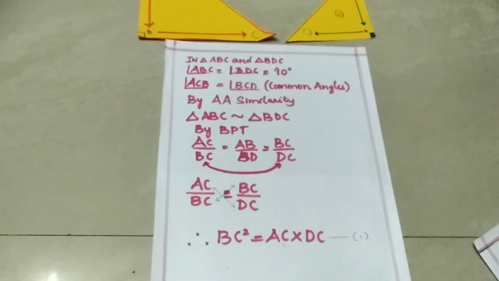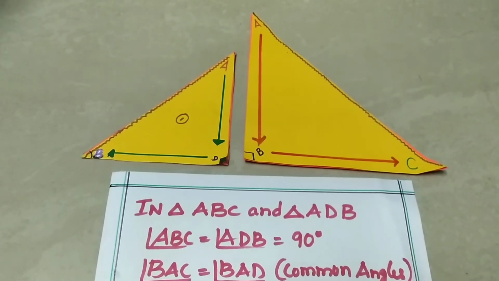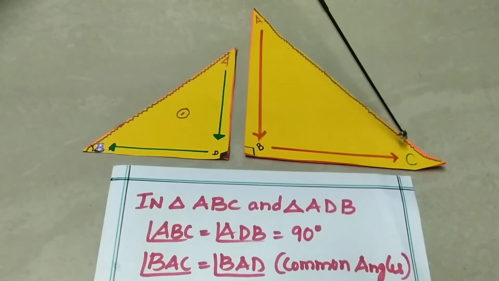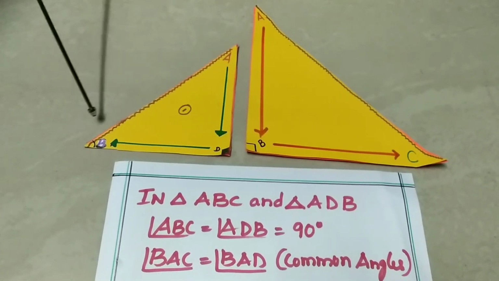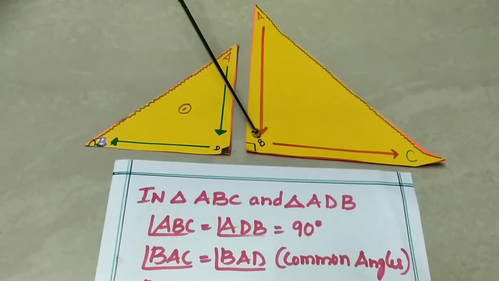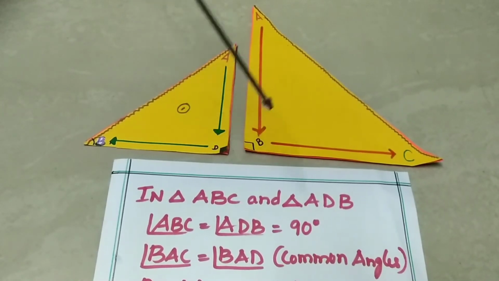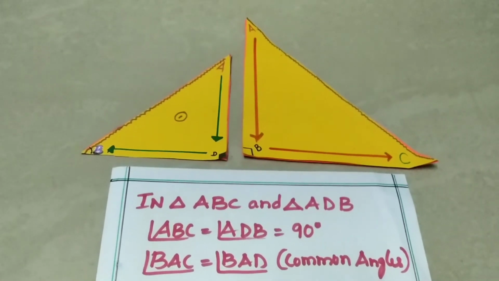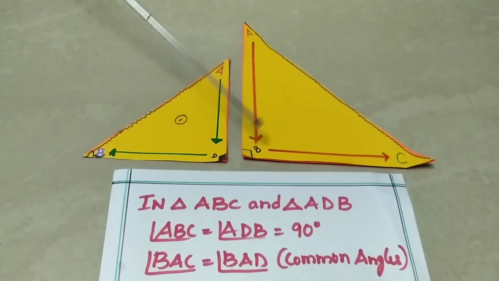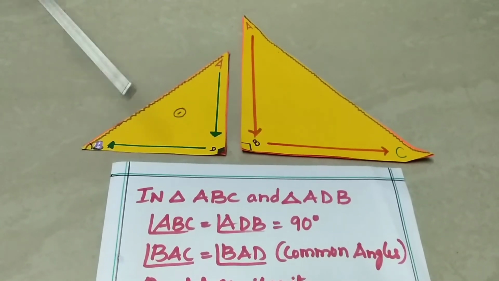Let us go for the next one. Now let me consider another two triangles: triangle ABC and triangle ADB. Angle B is 90 degree in the first, bigger triangle, and angle D is 90 degree in the second triangle. Angle ABC is equal to angle ADB is 90 degree.